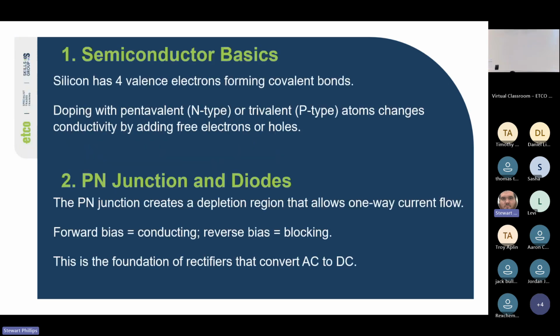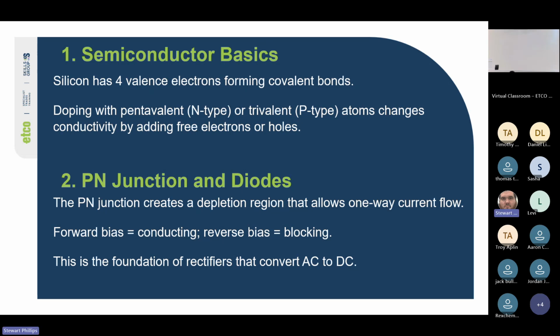Cool. So the basics. Silicon has 4 valence electrons, forming covalent bonds, and doping with pentavalent (N-type) or trivalent (P-type) atoms changes conductivity by adding free electrons or holes. The P-N junction in diodes creates a depletion region that allows one-way current flow: forward bias, conducting; reverse bias, blocking.